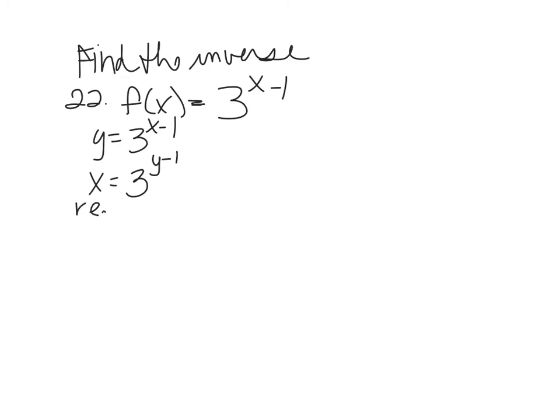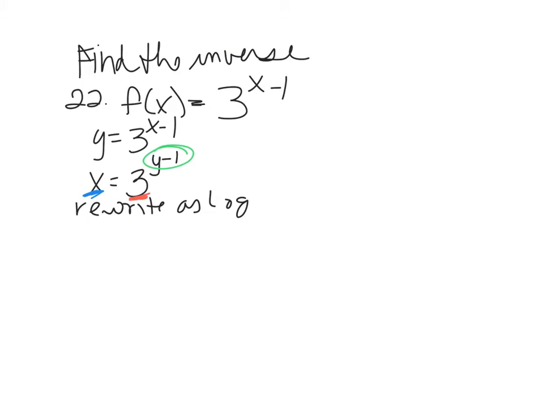And then we rewrite it as a log, in this case, because it's an exponent. If it was a log, we would rewrite it as an exponent. So again, this is the base, this is the of, and our exponent is what it's going to equal.